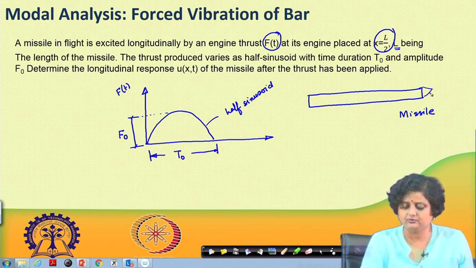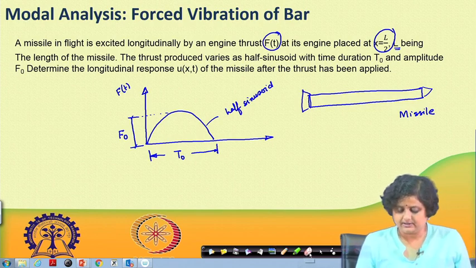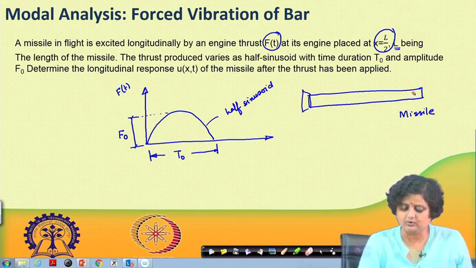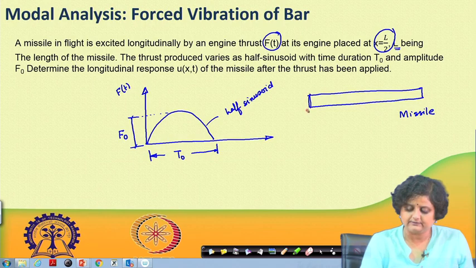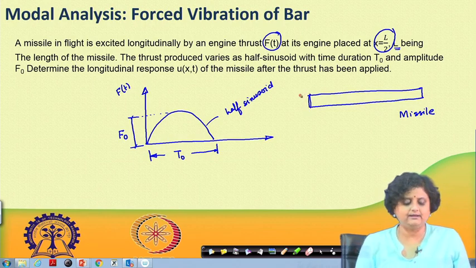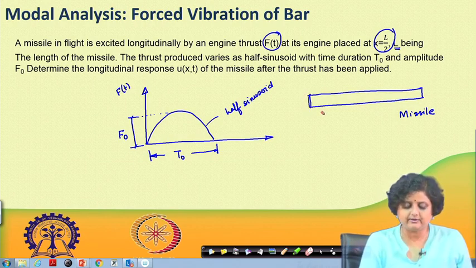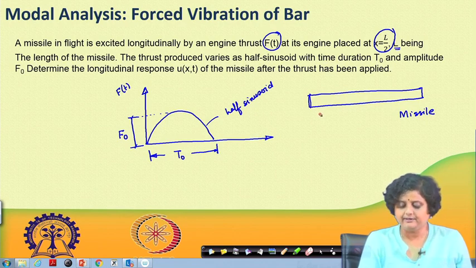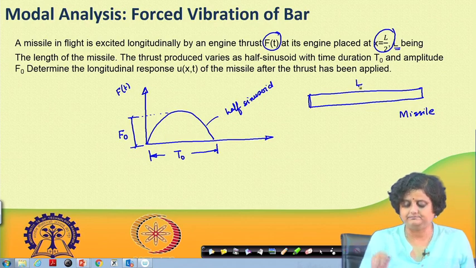Of course, there is a nose and a tail like structure, but if I forget about all those and try to get a very simple model for the missile, it can be very well modeled as a free bar. So, this is a free bar of length L.